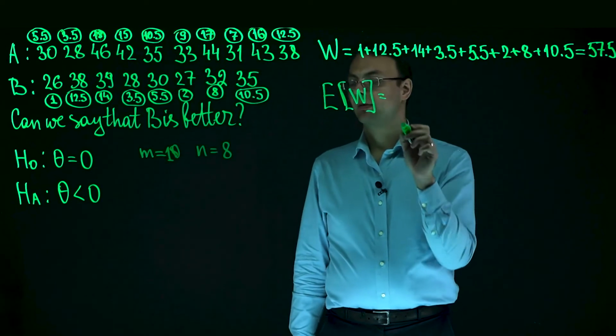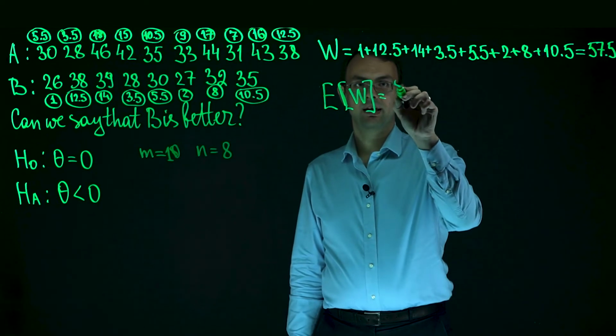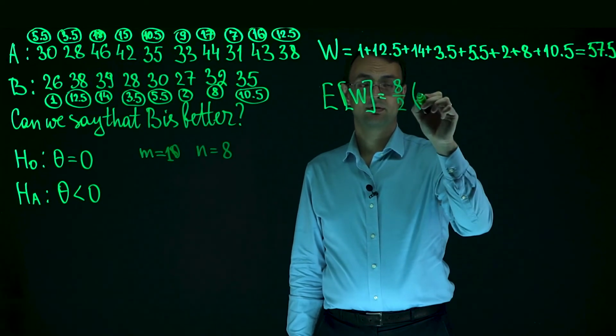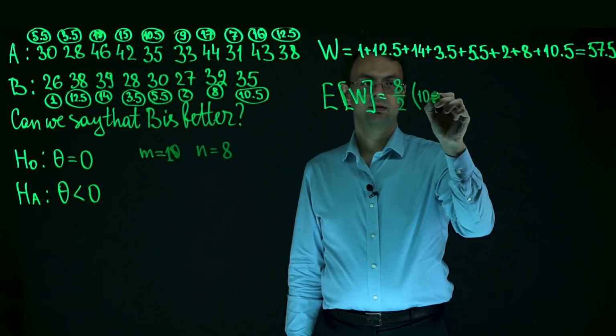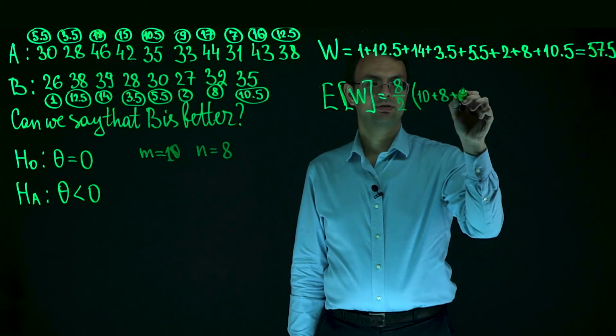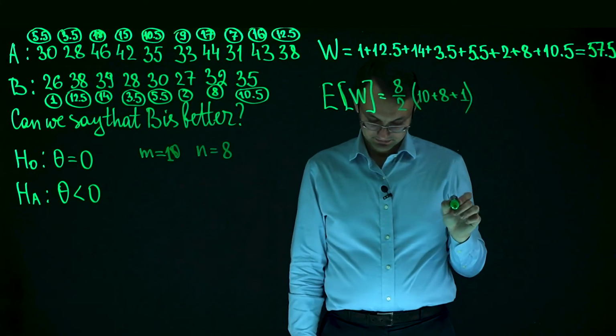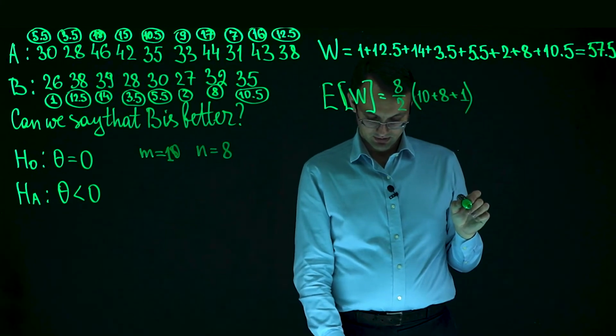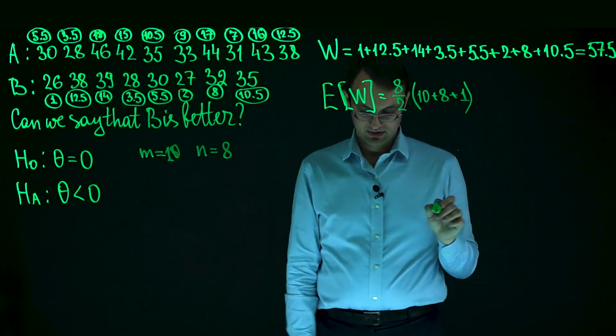So here we have 8 over 2 times 10 plus 8 plus 1, and this is equal to 76.